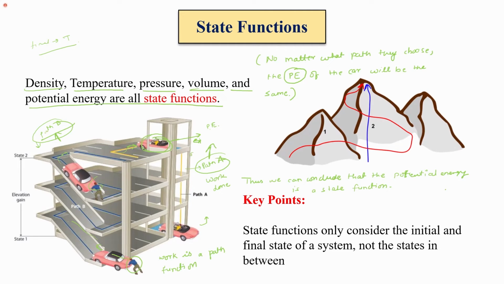For the next example, let's say a person has to climb up to this point. Person A chooses path A, and person B chooses path B, this blue one.